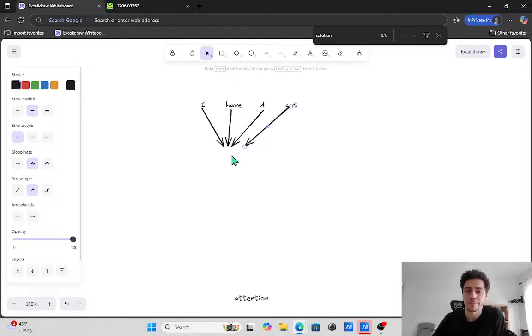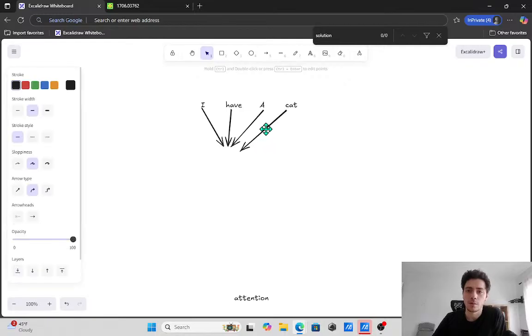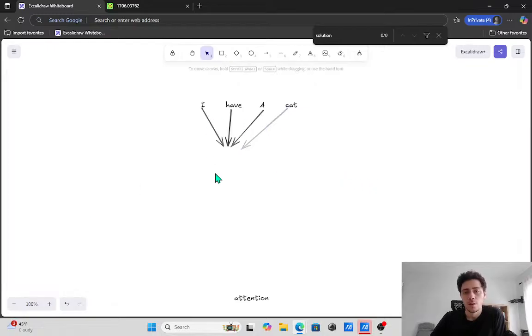Or let's say we're trying to translate a sentence. Every term has a different attention score. This probably should be high. And how much to look at each other word. And then you get scores for these.